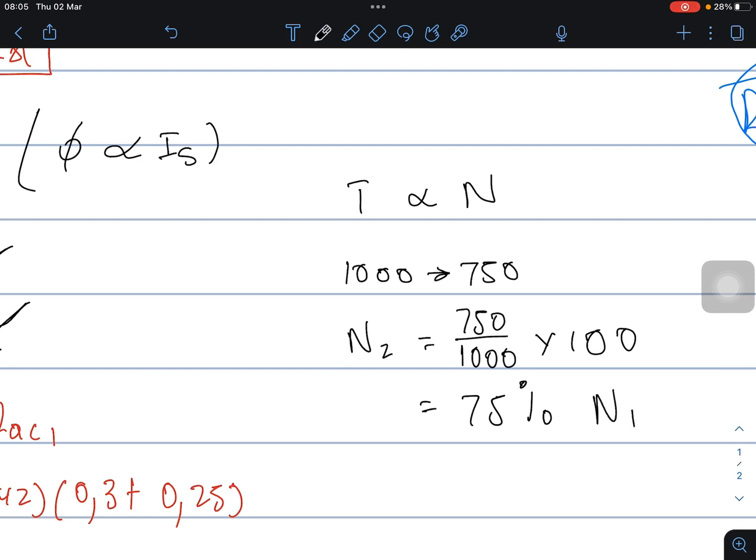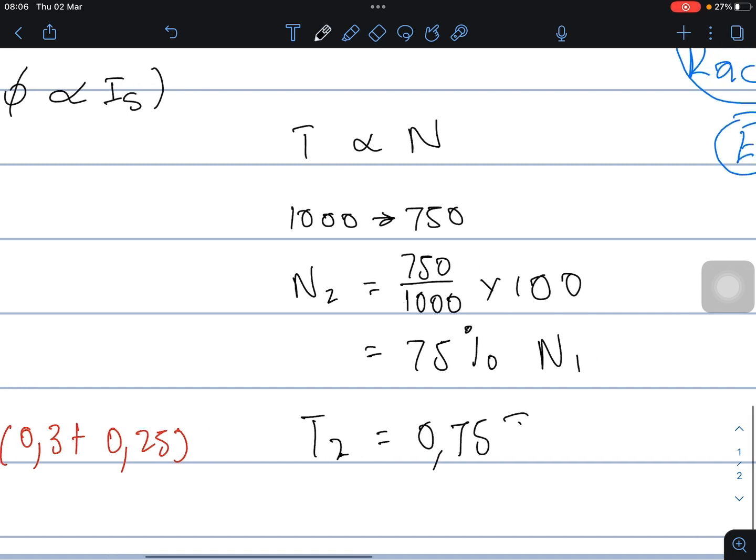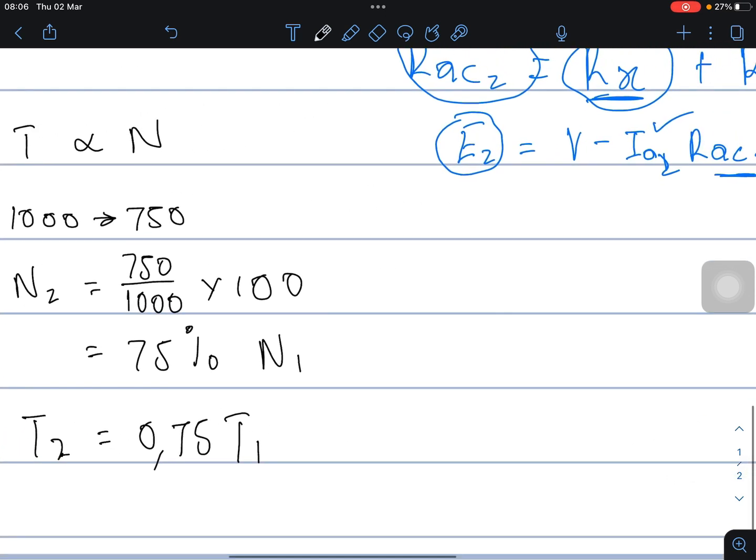Okay, the speed has reduced to 75% of the speed N1, meaning torque T2 is 75% of T1, meaning it's 0.75 T1. Okay, that is what will help us calculate the current.